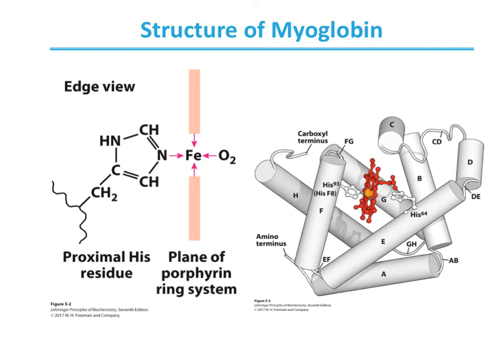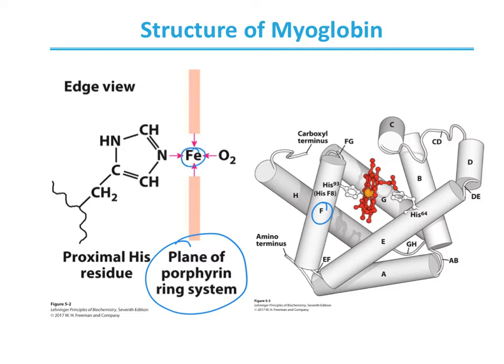So now if we just zoom in on that iron atom, we have it connected to the plane of the porphyrin ring system that's occupying 4 of its 6 available coordination spots. What happens with the other 2? Well, there is a proximal histidine residue in myoglobin in helix F that's going to coordinate to iron in one of the 2 spots.